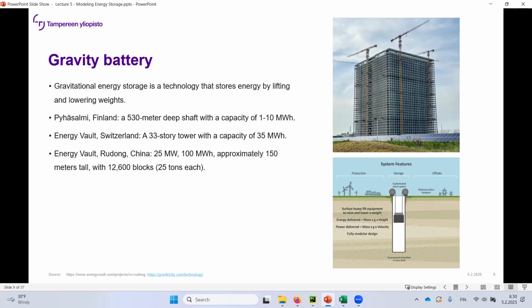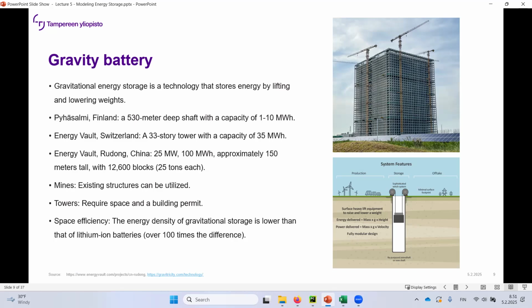So you cannot build it anywhere. But in cities, maybe. They still have to solve the problem of what to put in those blocks, because cement actually isn't that good a material if you're talking about life cycle costs. So existing structures such as mines and towers can be utilized. They require a lot of space and a building permit.